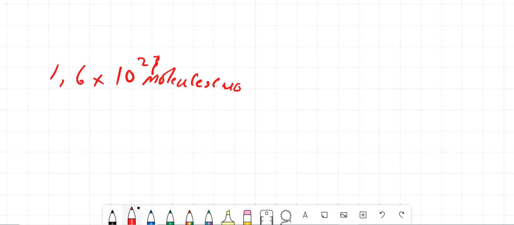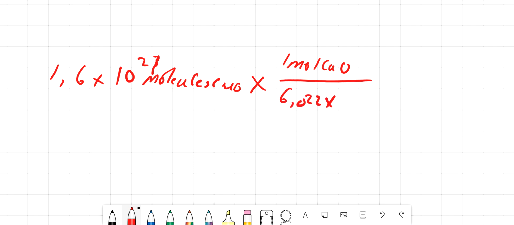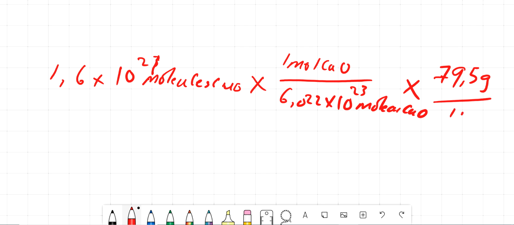So we will multiply this by 1 mole of copper oxide divided by 6.022 times 10 to the power 23 molecules of copper oxide, then multiply by the molar mass, because we want the answer in grams. In this case we will have the molar mass of copper oxide, 79.5 grams over 1 mole.